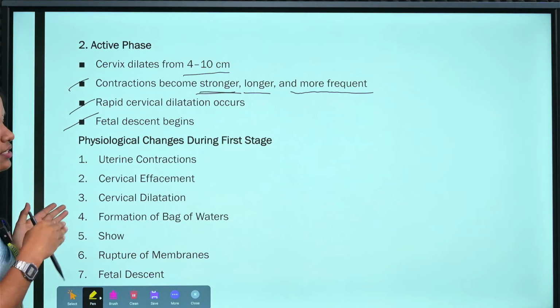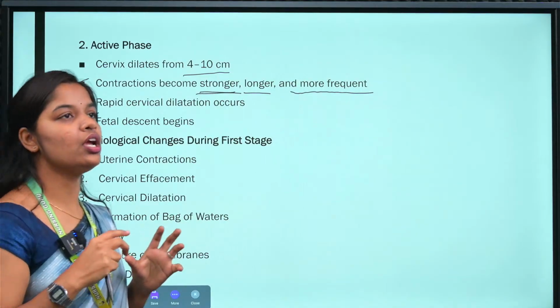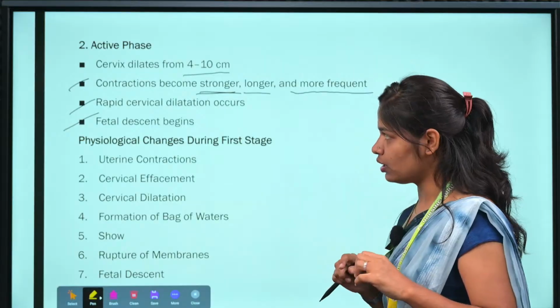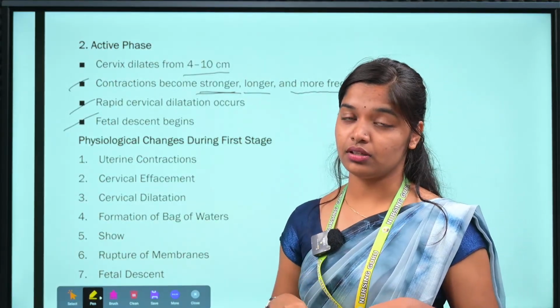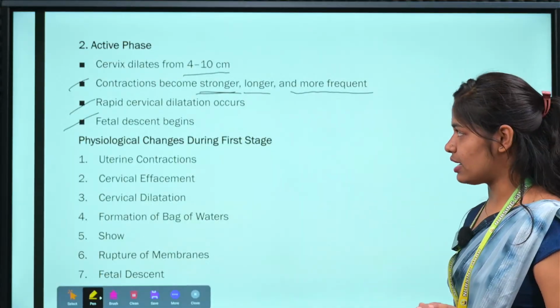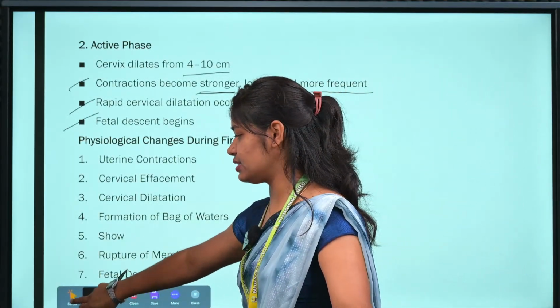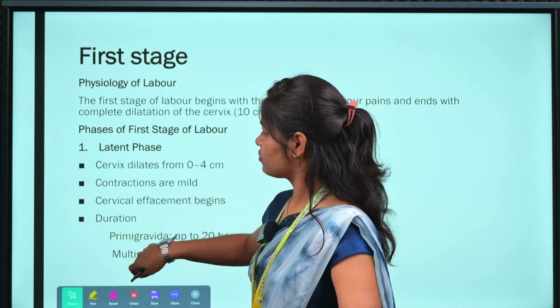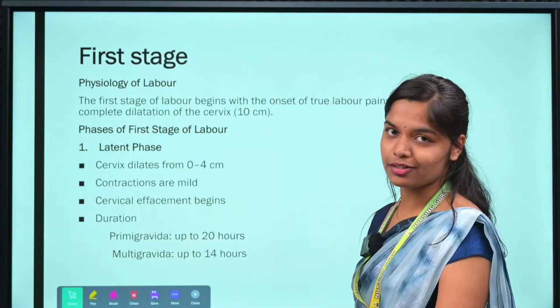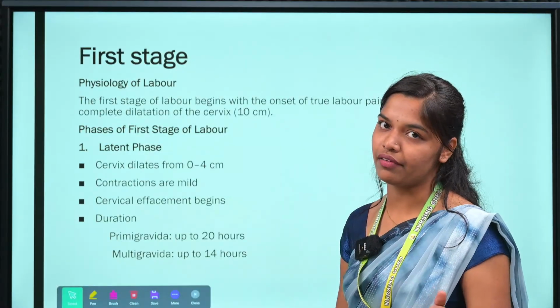First, latent phase: 0 to 4 centimeter dilatation, uterine contraction will be mild, and the cervical effacement or thickness will begin in the latent phase, and also the duration for primigravida and multigravida will be different.